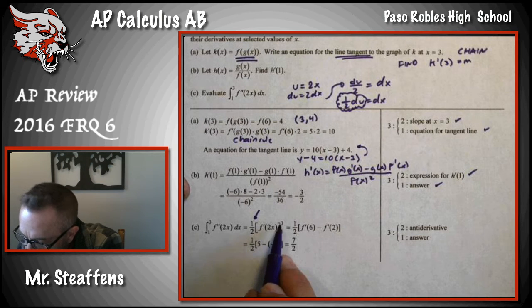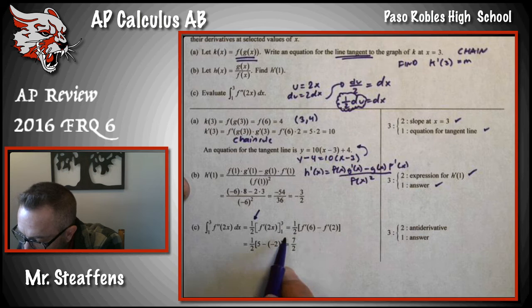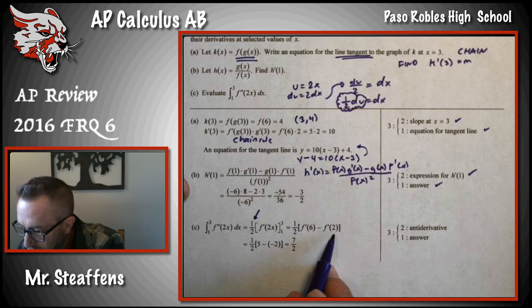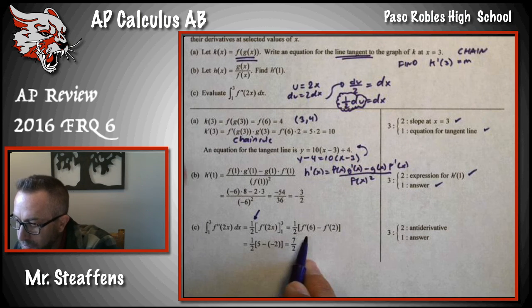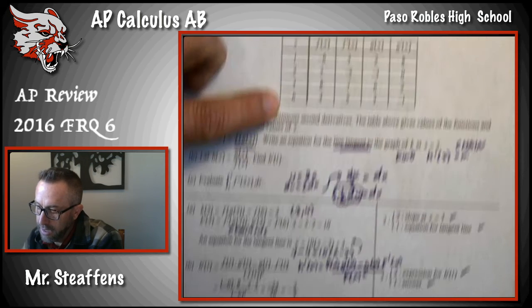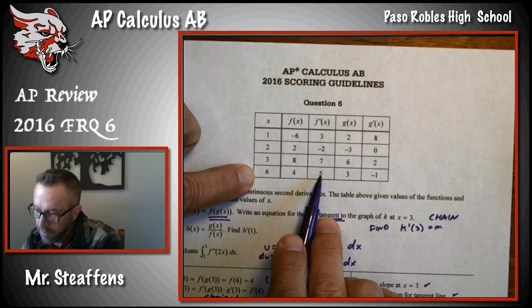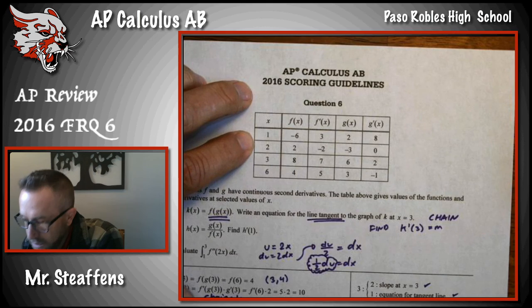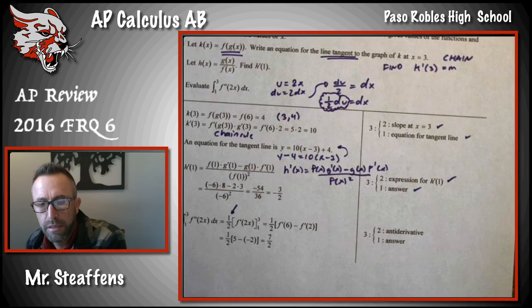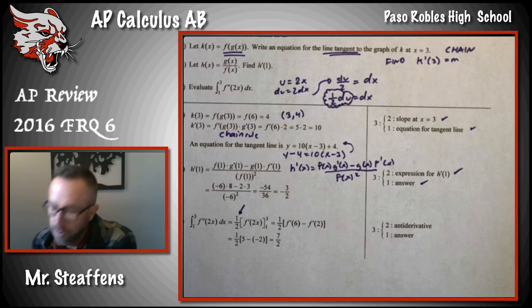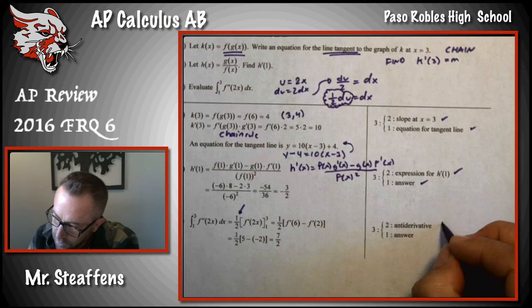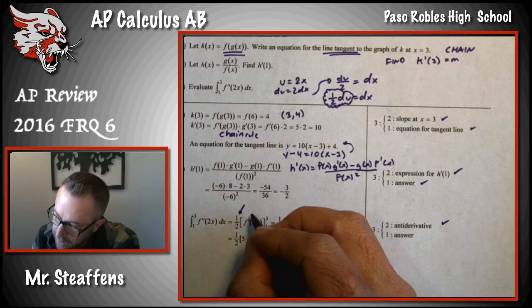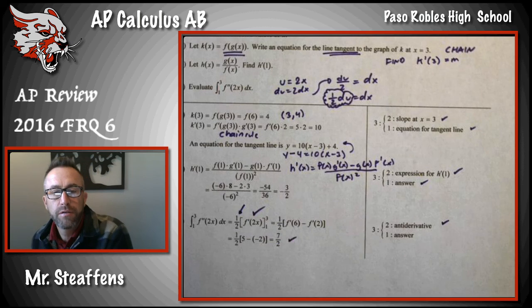So when I plug the 3 in, I get 6. When I plug the 1 in, I get 2. So it's going to be 1/2 of f prime of 6 minus f prime of 2. I go to my table, and I plug those numbers in. And I end up with a value of 7/2. So you get 2 points for this correct antiderivative, and then you get 1 point for that answer.